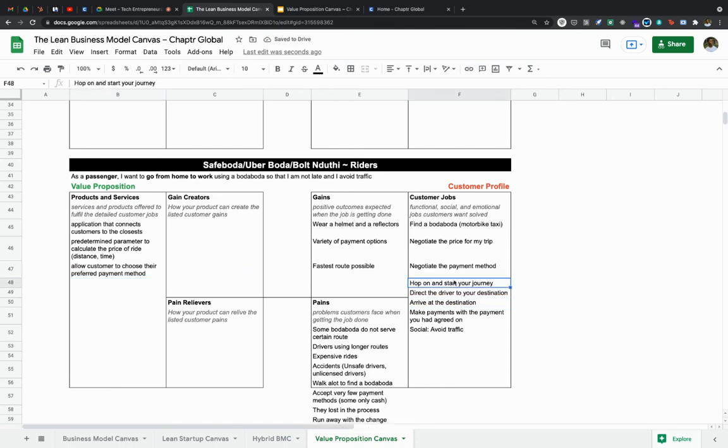Now, let's go to, was it Felix now? During the journey, what are some of the products and services you want to offer? So you want to hop on such a journey and direct the driver to your destination until you arrive. Any products or services you can offer here?